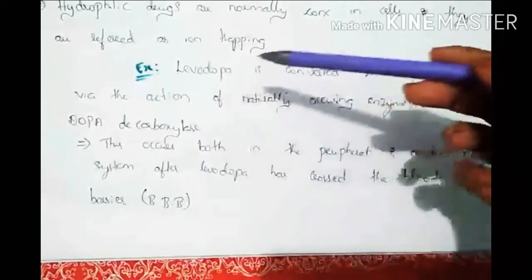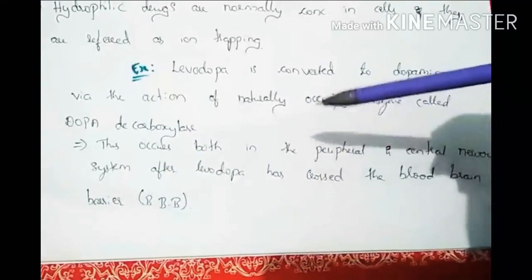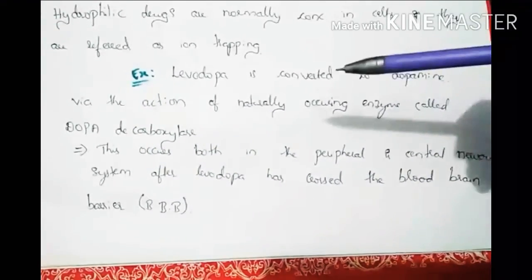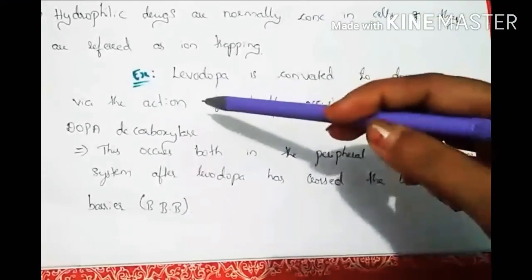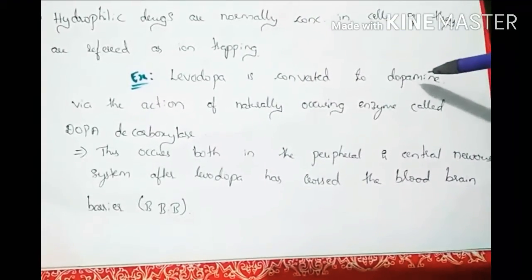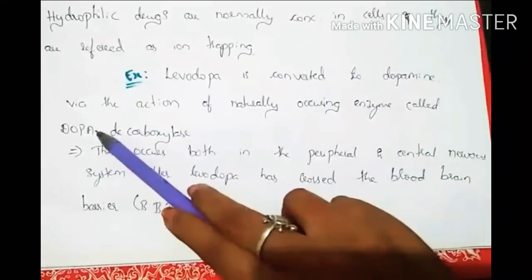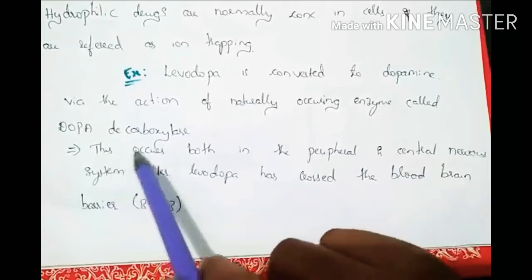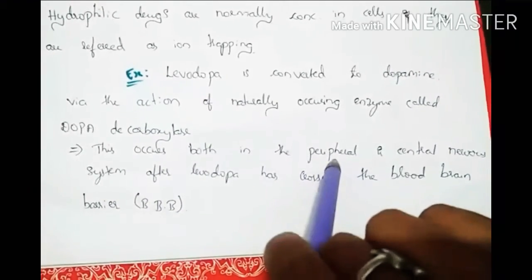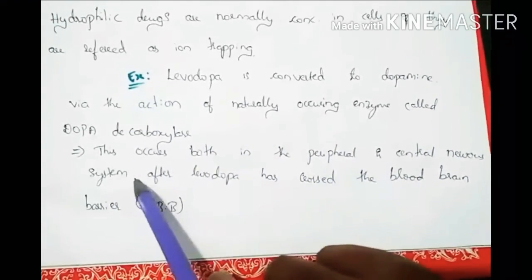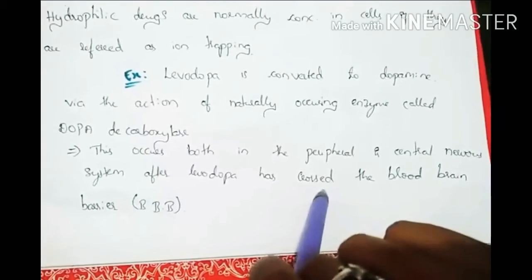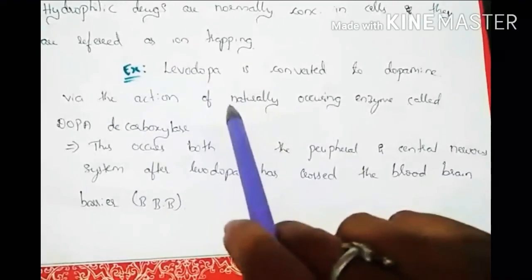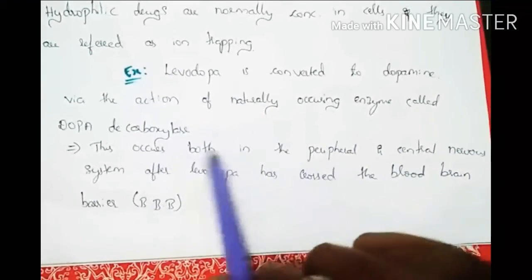After we administer the drug, disintegration and dissolution take place and distribution occurs, and the levodopa is converted into dopamine by the enzyme dopa decarboxylase. This occurs both in the peripheral and central nervous system after levodopa has crossed the blood brain barrier.